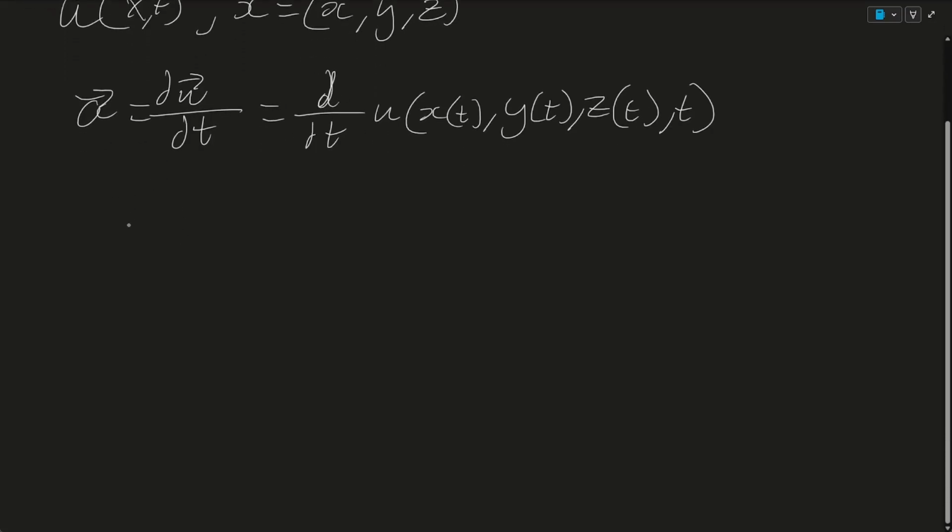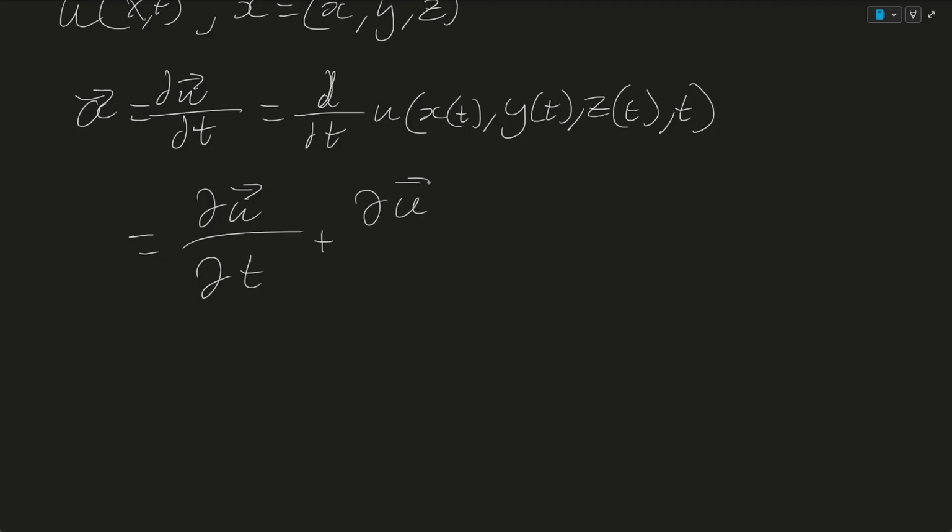Now we can use our multivariable chain rule, which anyone who's done Calc 3 or multivariable will know. So the partial of u with respect to t, plus the partial of u with respect to x times dx/dt, plus the partial of u with respect to y times dy/dt, plus the partial of u with respect to z times dz/dt.